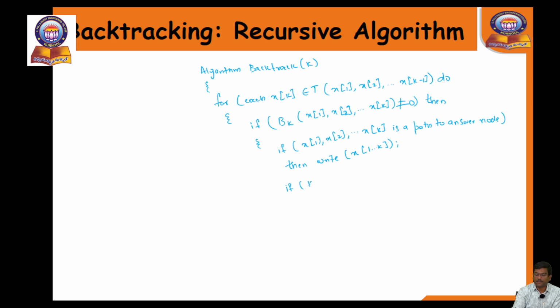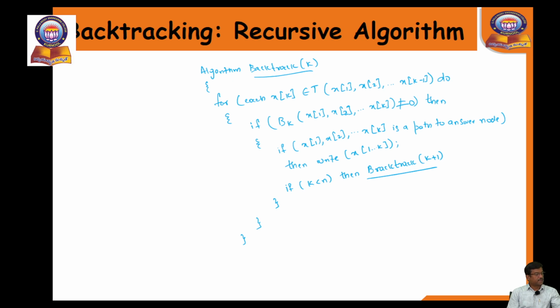If k is less than n, then backtrack, that is, call Backtrack of k plus 1 to go to the next level. So this is where we can apply the backtracking concept using the recursive algorithm. The recursive algorithm is implemented by calling the same function once again, that is, Backtrack of k plus 1.